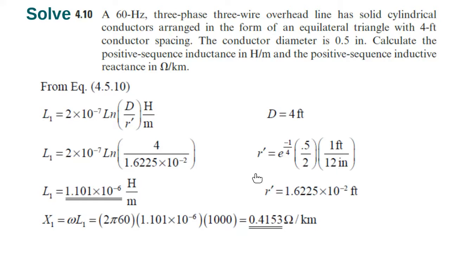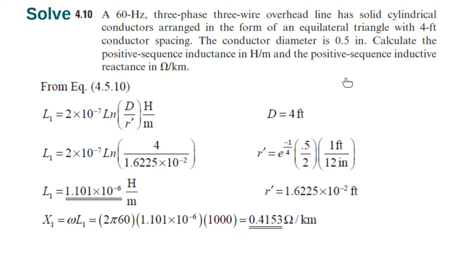So we make it into feet. Why? Because this is given in inch, and this is given in meter, so we convert meter into feet. Please make sure that the conversion is correct.